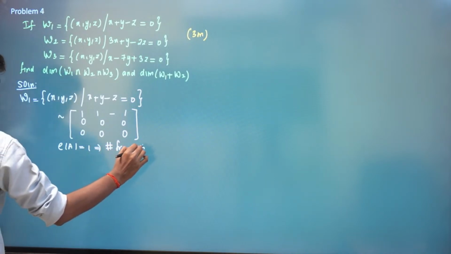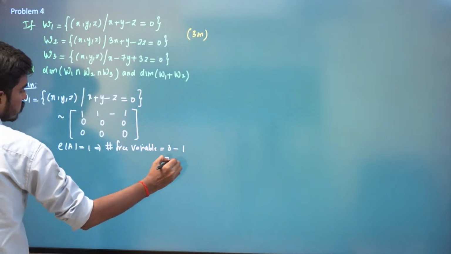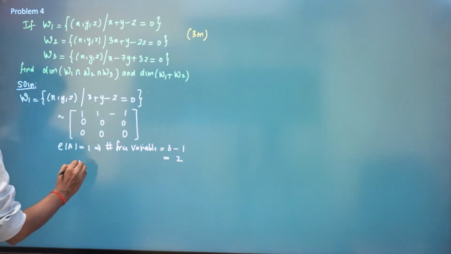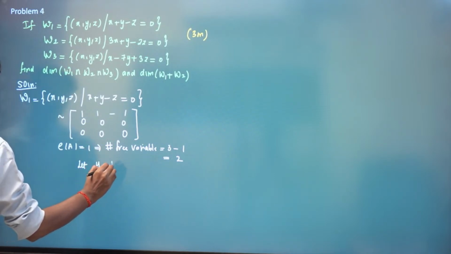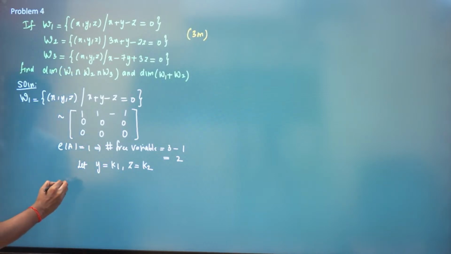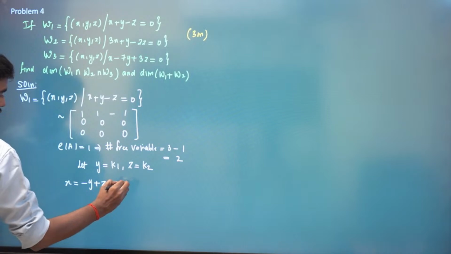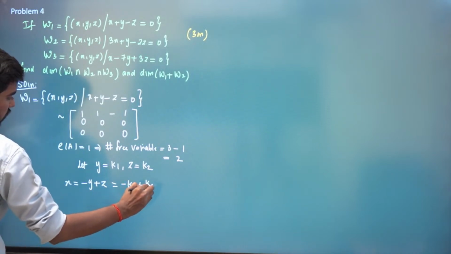So the number of free variables is n minus rank of A. So we have two free variables, right? So let us assume y to be equal to k1 and z to be equal to k2. Then what about x? x is minus y plus z, so minus k1 plus k2.